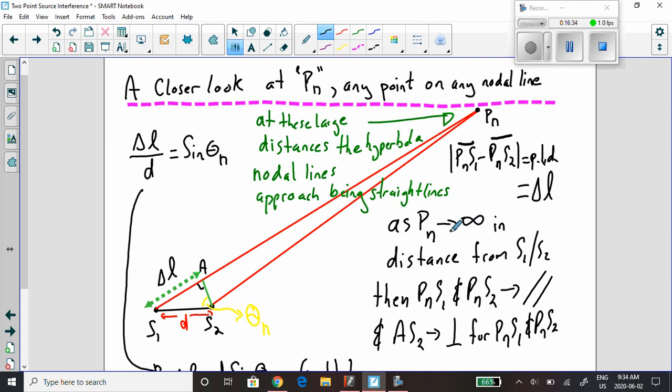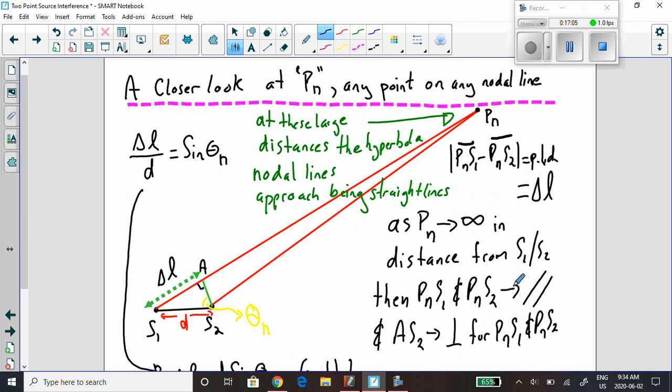This is far, okay? So as Pn approaches infinity in distance from the two sources, S1 and S2, then the lines PnS1 and PnS2, these lines right here, start to approach being parallel to each other.